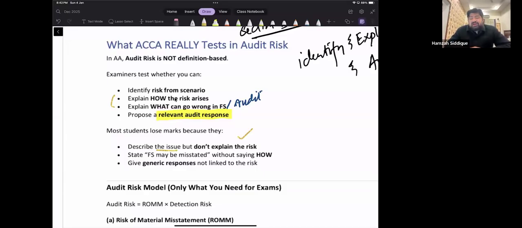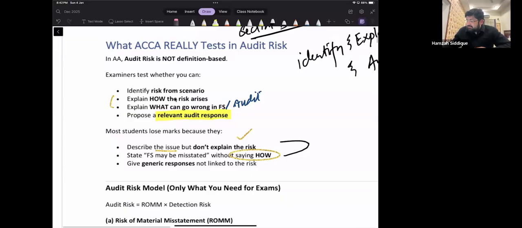They may say financial statements may be misstated, but they forget to explain how and why they will be misstated because of this factor. How? They forget.